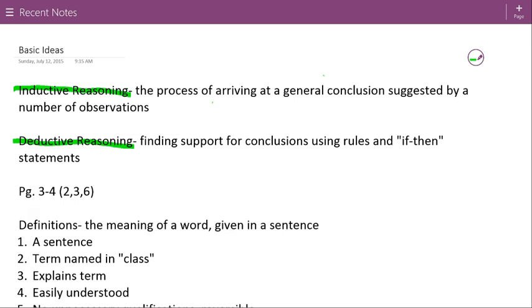So again, looking at number 2 on page 4, 3 coins of the United States total 60 cents. Can you deduce the names of the coins? So in this case, you could come up with almost like a truth table, filling out, well, I know these are the values of all the coins, and come up with all the different combinations that would equal 60 cents. That would be an example of deductive reasoning.